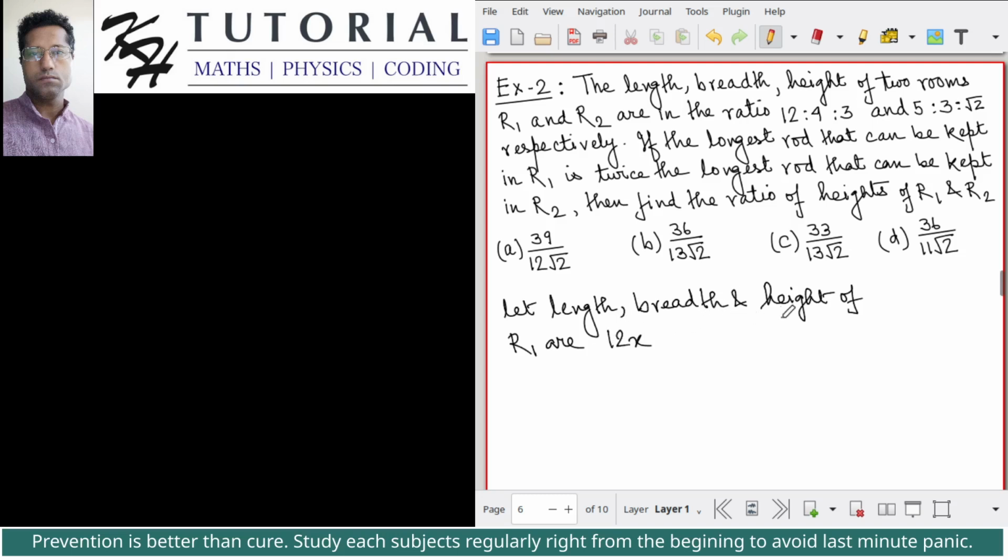I am ignoring the units, since no unit is given.